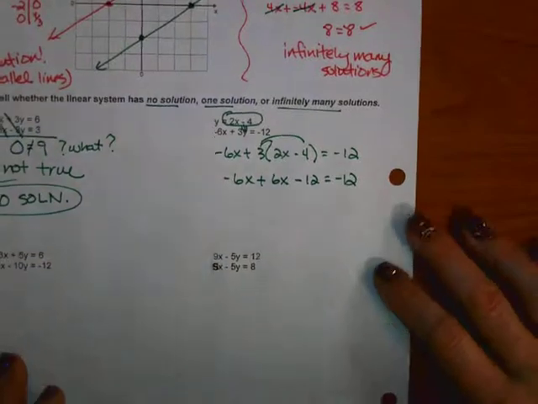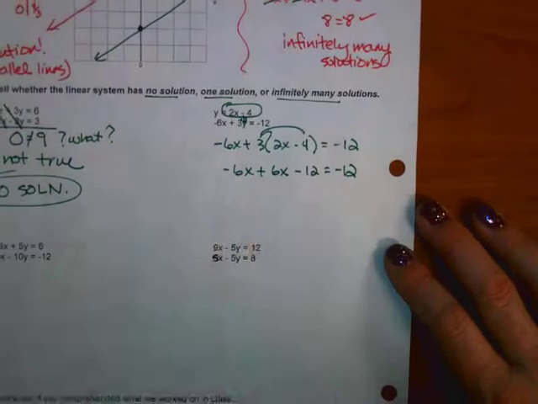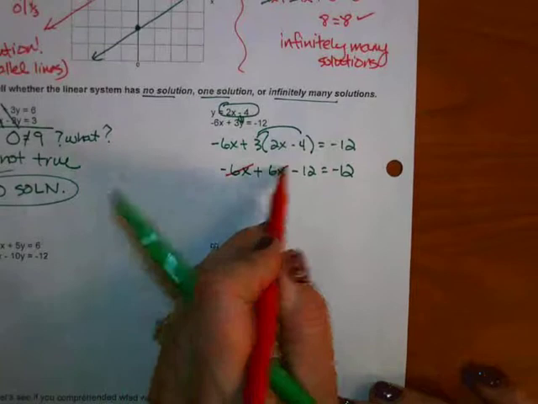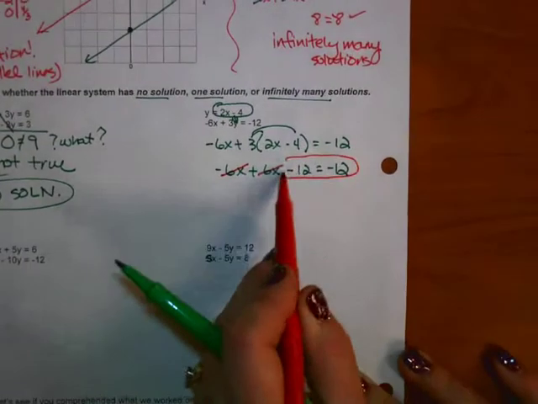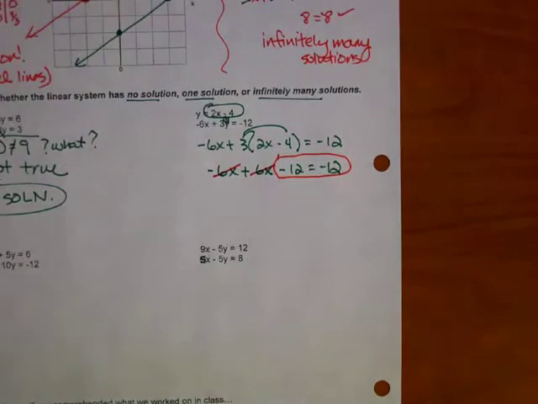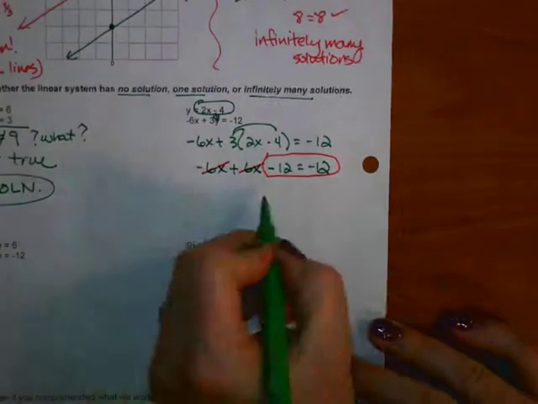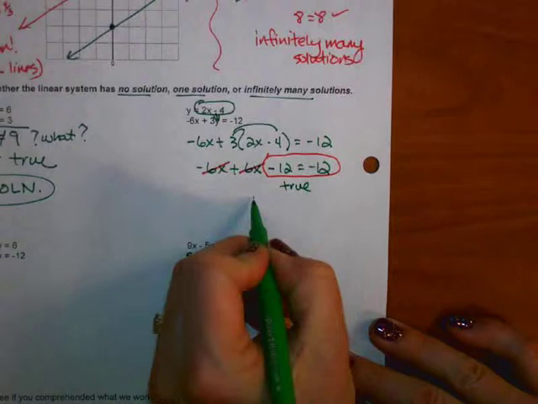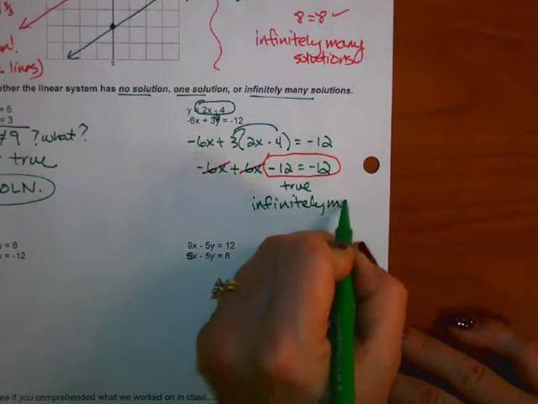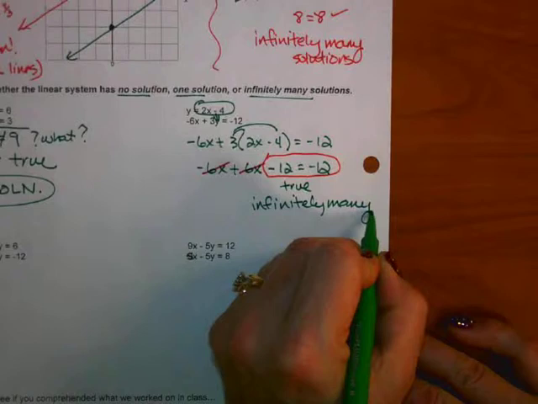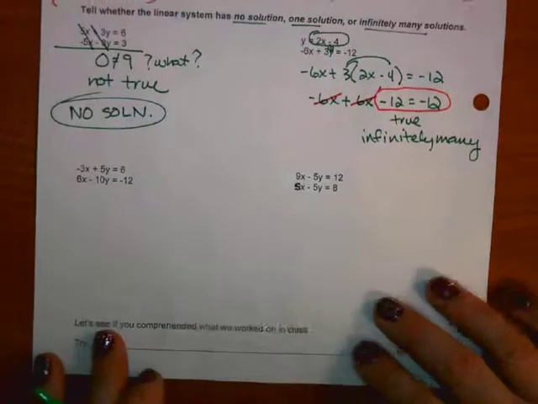Negative 12 equals negative 12. Look at this. These two, when you combine them, cancel each other out. And you get this statement right here. That's a true statement, which means there's infinitely many. Infinity.